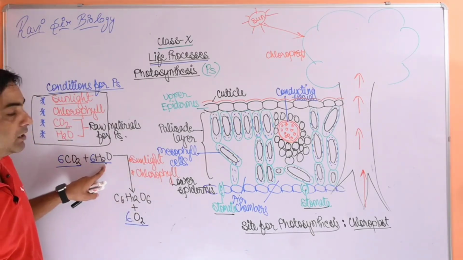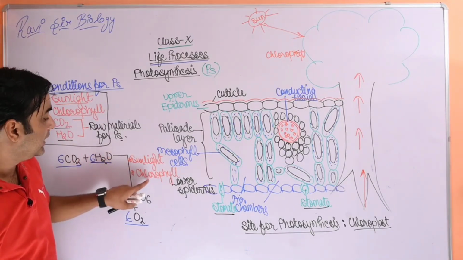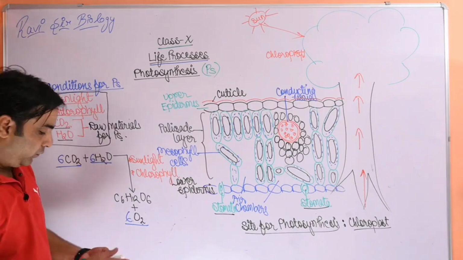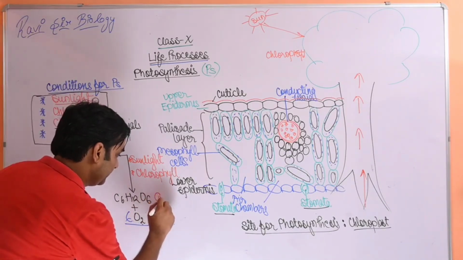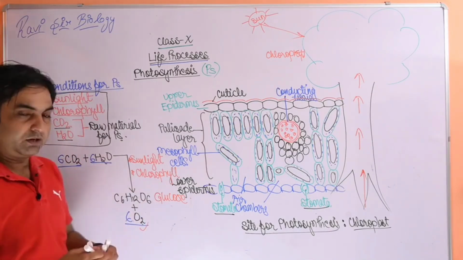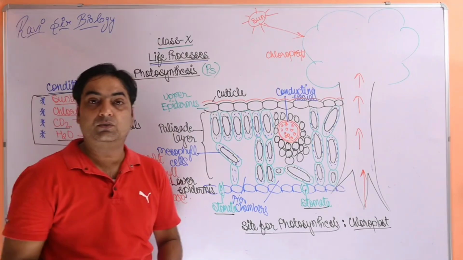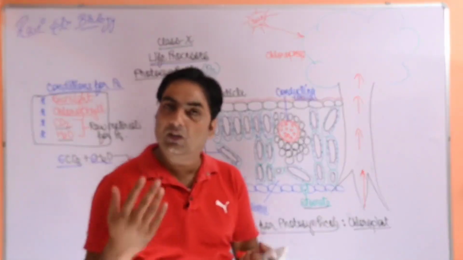So these 6 molecules of water, 6 molecules of carbon dioxide in presence of sunlight and chlorophyll, will form glucose, and 6 molecules of oxygen will also be produced as a byproduct. This oxygen will be utilized by all the animals.